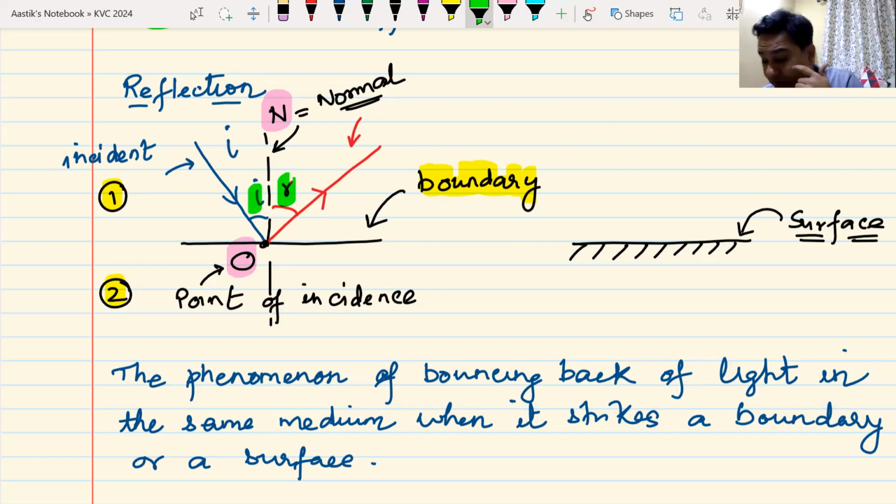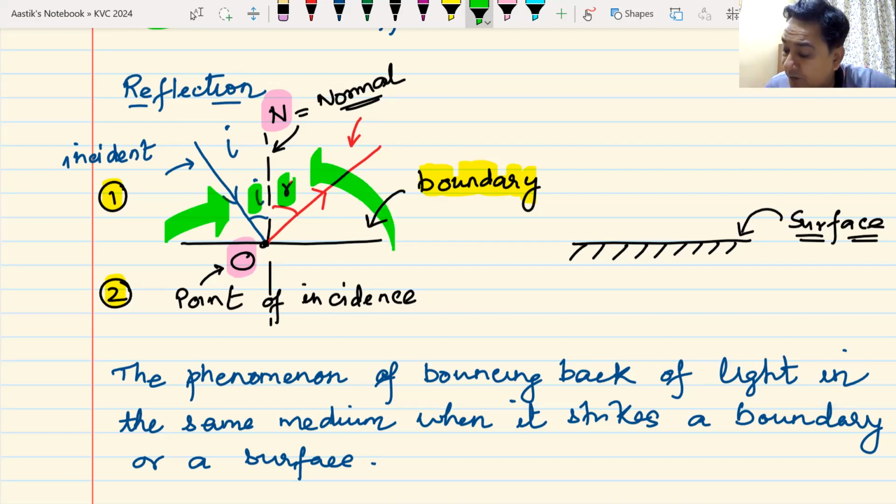If you don't know, you can also write this: the angle of incidence is the angle between the incident ray I and the normal N. That is known as the incident angle. Remember, incident angle is not taken with the boundary. It is not the angle with the boundary. It is the angle with the normal on the boundary.